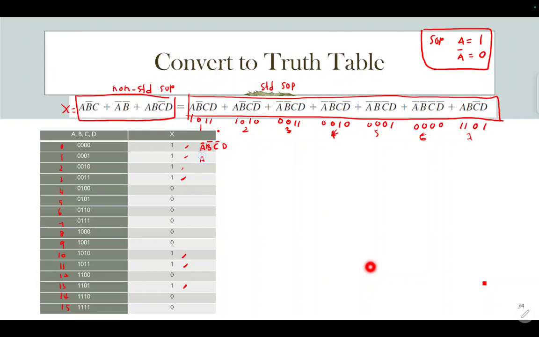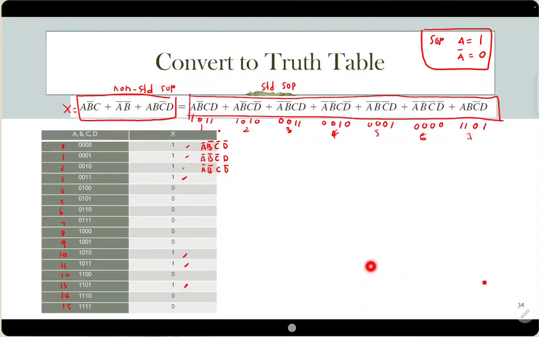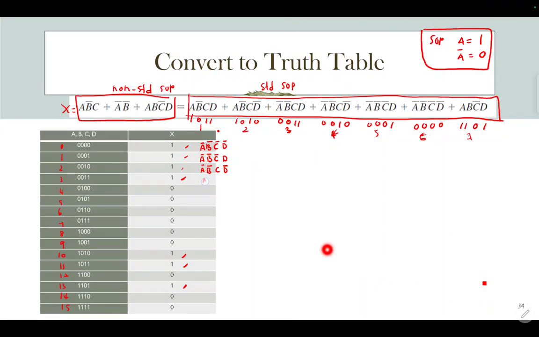This one will be A bar, B bar, C bar, D. This one will be A bar, B bar, C, D bar. 0011 is A bar, B bar, C, D. Here 1010 is A, B bar, C, D bar. 1011 is A, B bar, C, D. 1101 is A, B, C bar, D.